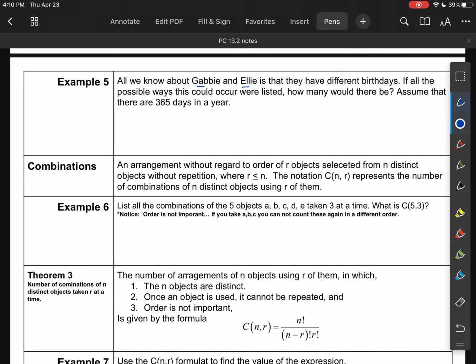So we can't have a repeated birthday. Let's just say we knew that Gabby's birthday was January 1. If we knew that, which we don't, all the possibilities for Ellie would be every single day other than January 1. So it'd be pretty simple to figure out. But since we don't know that, we have to list all the possible combinations of every single date, and there's 365 days in a year.